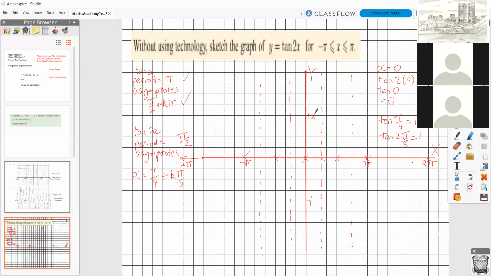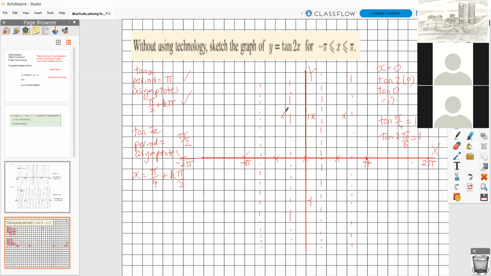Again, using the idea that the period is pi on 2, counting 3 squares, 1, 2, 3, will be another place where there's 1. And then 1, 2, 3, you're outside the domain, so we don't plot it. Going back 1, 2, 3 is 1.